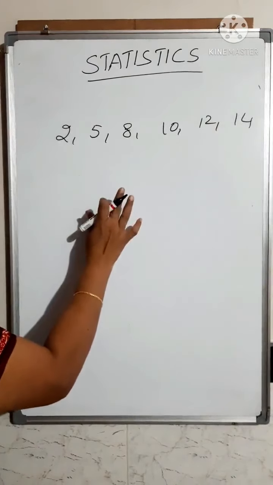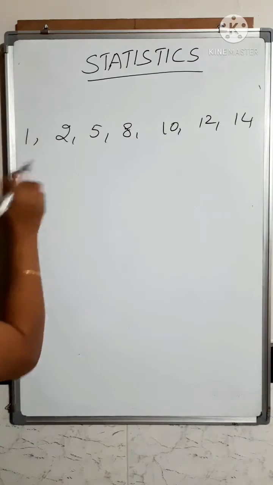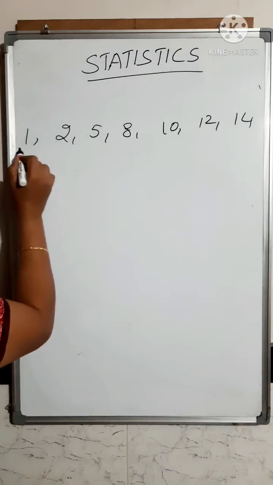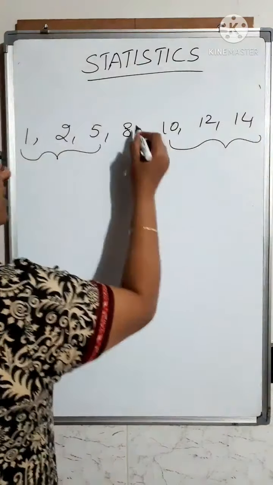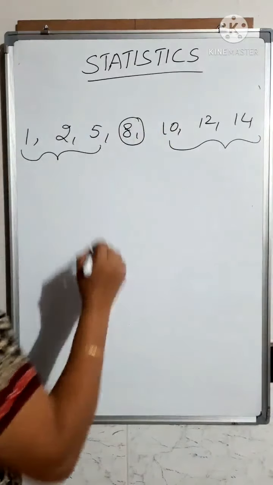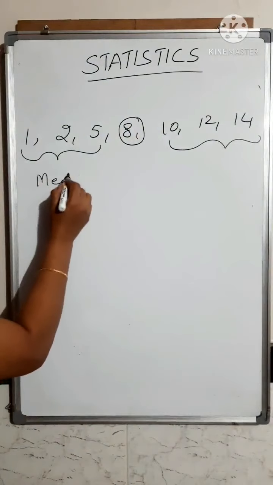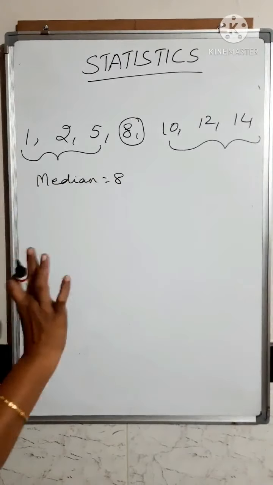After arranging it in the ascending order, we'll take one more. Now what is the score that is lying exactly at the middle position? So we leave 3 scores this side, 3 scores this side. The score that is lying exactly at the middle position is 8. So therefore you have to only write median is equal to 8. Only that much you have to do.